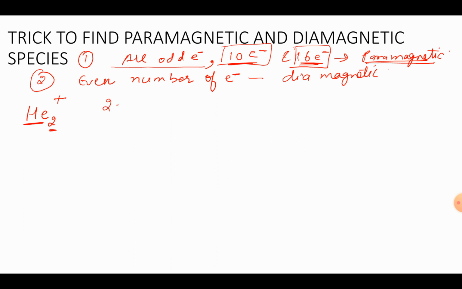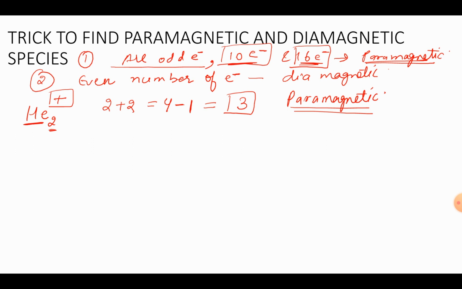So 2 electrons plus 2 electrons is 4. But we have a positive charge, so 1 electron has been lost. So what is the total number of electrons that we get? 3, and 3 is an odd number. So what does it mean? It is paramagnetic in nature.